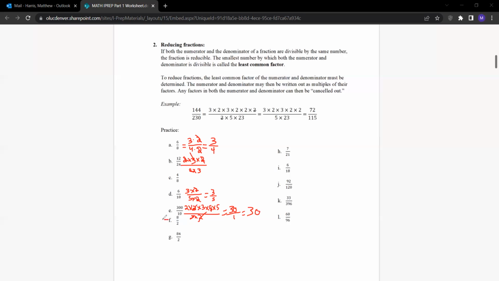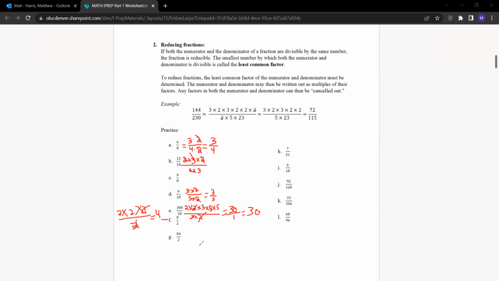Next we have 8 over 2, which I'll go this way for. So 8 is going to be 2 times 4. And we know 4 is 2 times 2. So 2 times 2 times 2 over 2. Cancel these out. 2 times 2 is 4, equals 4.